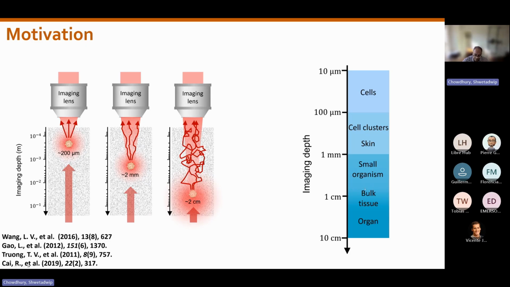And if you get even thicker than that, then typically optical methods are no longer considered the right tool for the job. So there's this conventional wisdom that if your sample gets too thick, then the light gets scattered, the information gets lost, and you should no longer use optical methods.